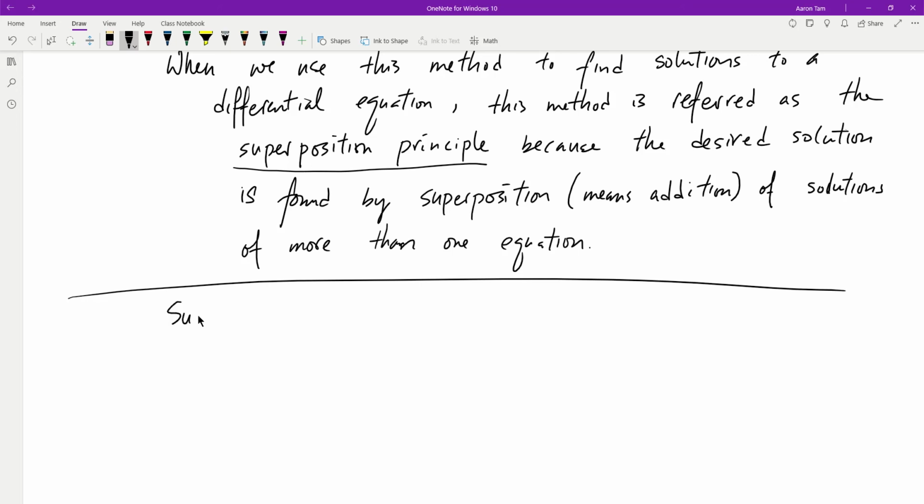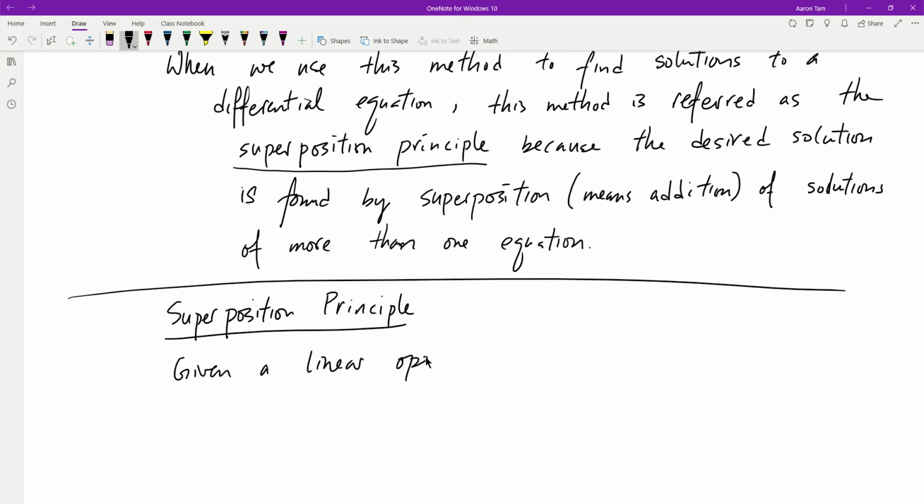So here is what the superposition principle is for us in differential equations in this class. Let's say given a linear operator L of y, and let's say we have an equation L of y is equal to a1 f1 plus a2 f2 plus dot dot dot plus am fm.